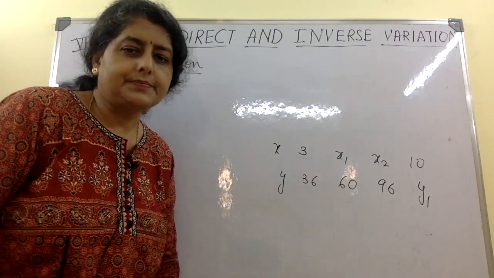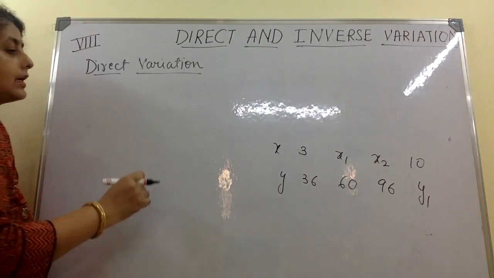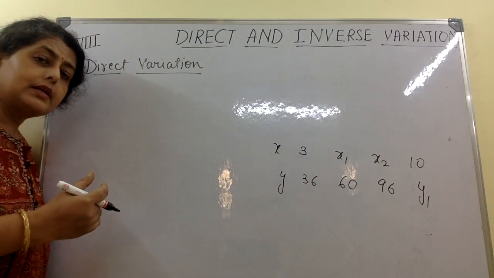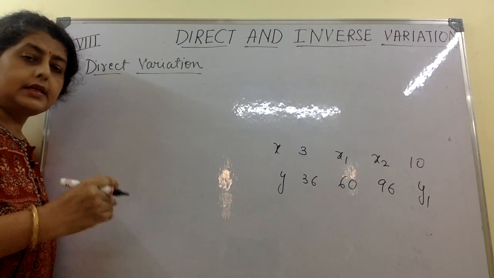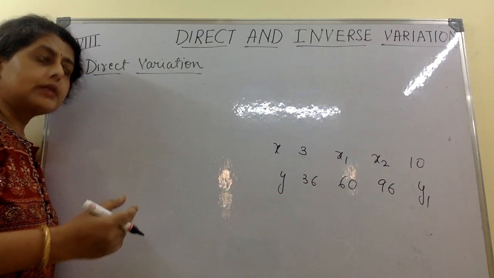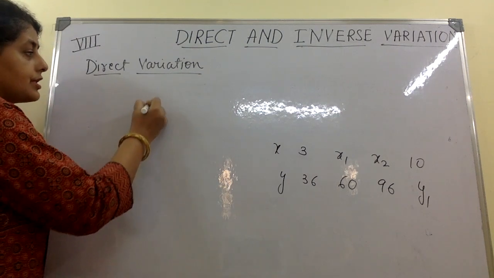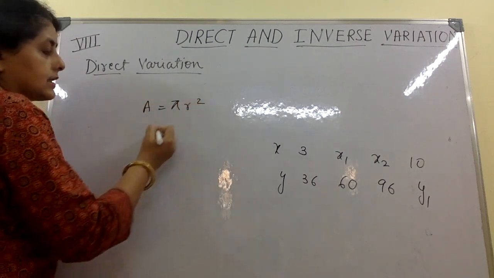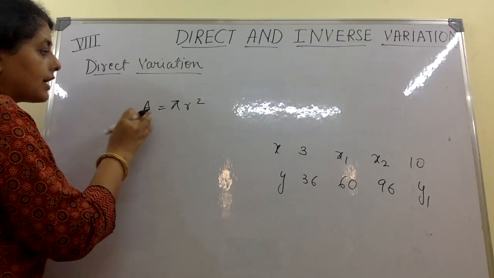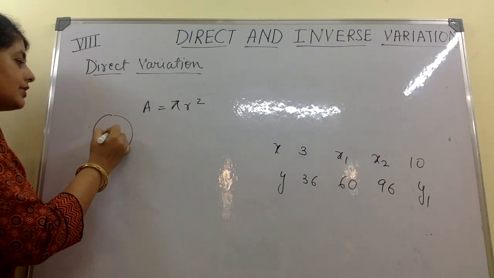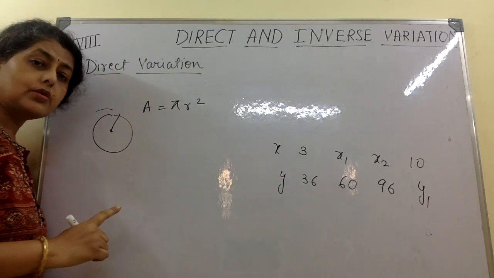So let us start. Direct variation is when there are two variables in any sum. It can be distance, it can be speed, or, supposing, the area of a circle, which you all know is this. Now if I increase the radius of the circle, the area of the circle will also increase.